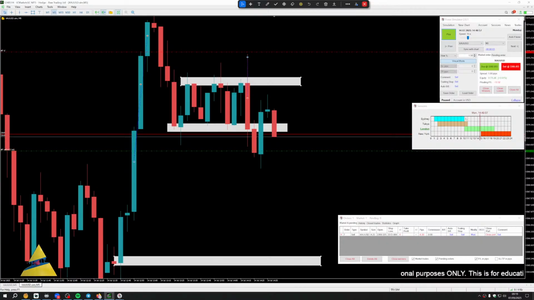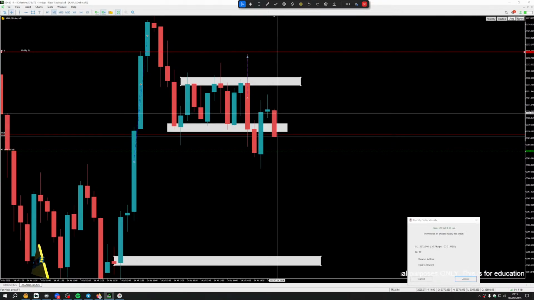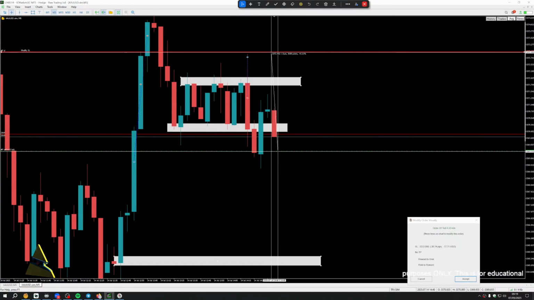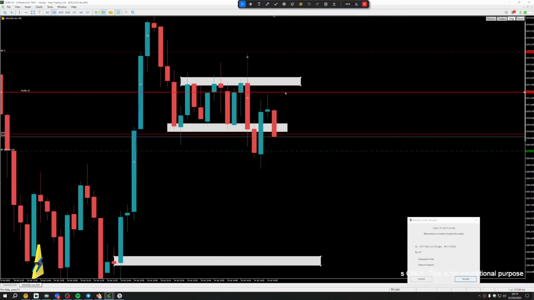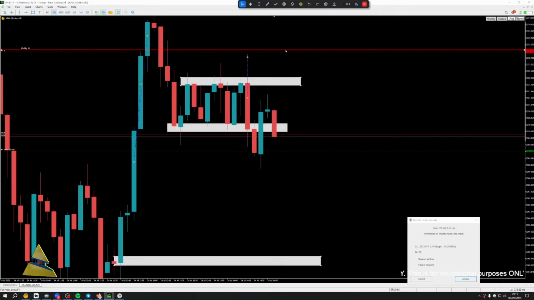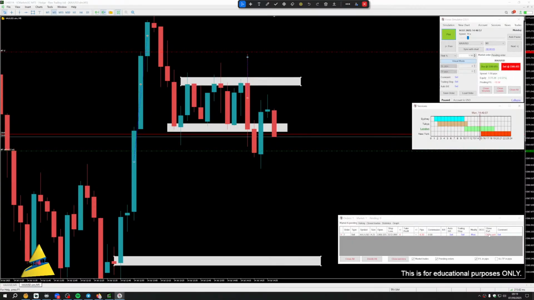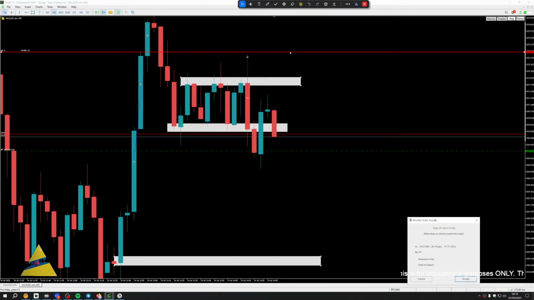So what I'm going to do is reduce my stop loss. Instead of risking 37 pips on this trade, I'm going to reduce my risk to about 21.8 pips, just above this resistance over here. Wait, let me see something first. Modify. How much are we risking here?